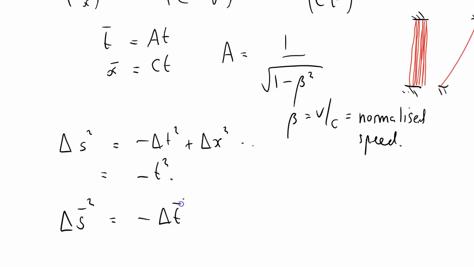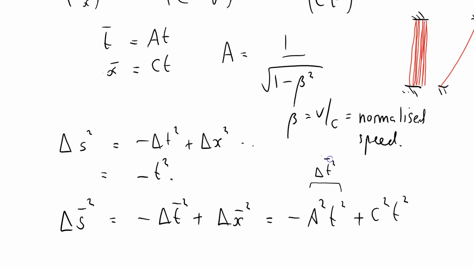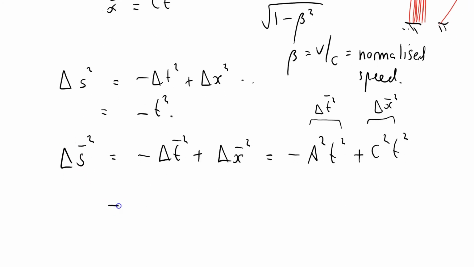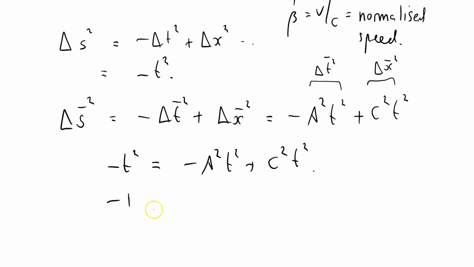That's minus delta t bar squared plus delta x bar squared, which equals minus A squared t squared plus C squared t squared. So minus t squared equals minus A squared t squared plus C squared t squared. Provided t is not equal to 0, minus 1 equals minus A squared plus C squared. C squared equals A squared minus 1.